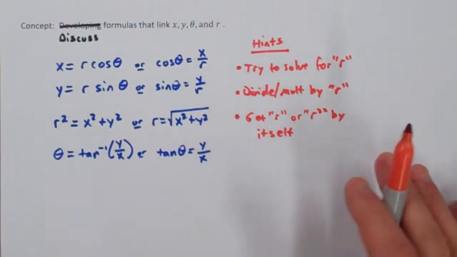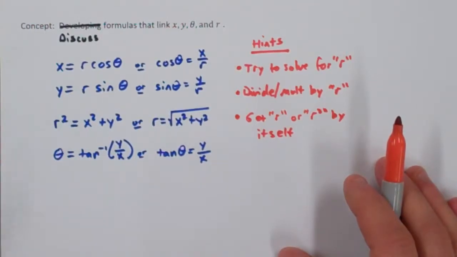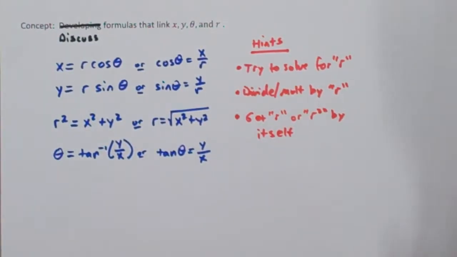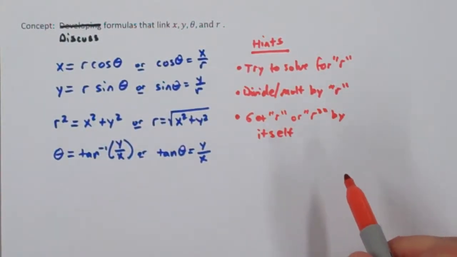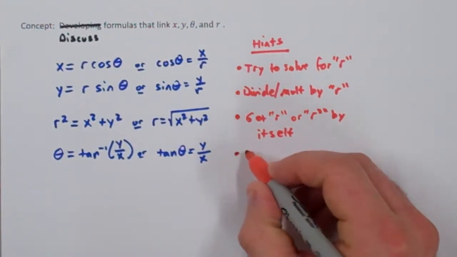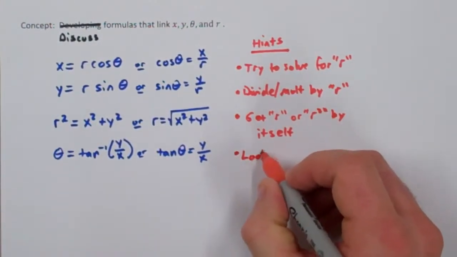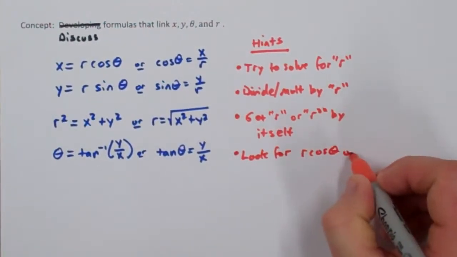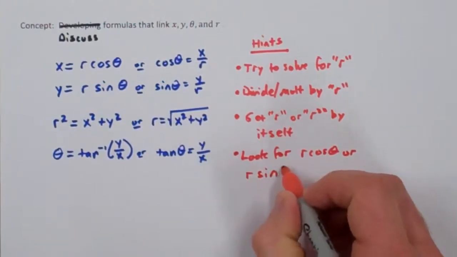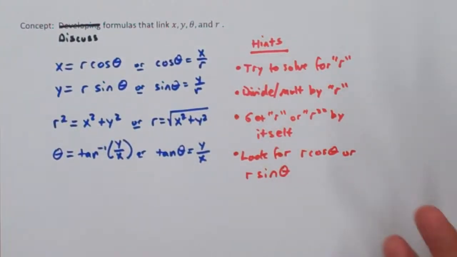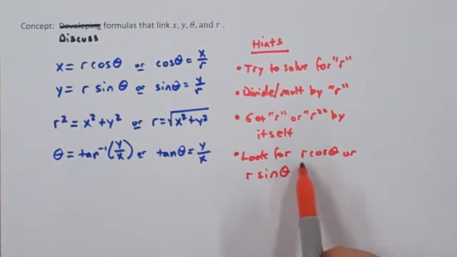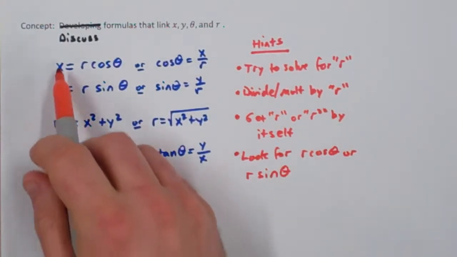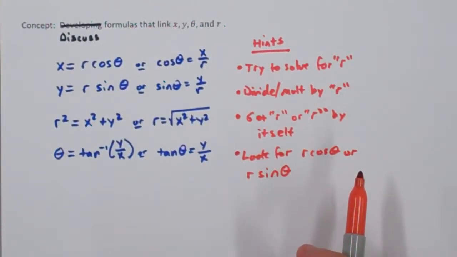R squared isn't just by itself on one side of the equation, but at least it's isolated, separated, it's its own term. So you can try that. And you can also look for r cosine theta or look for r sine theta. Those are easy ones. So we can take something that seems pretty complicated like r sine theta or r cosine theta and change it out for x or y.